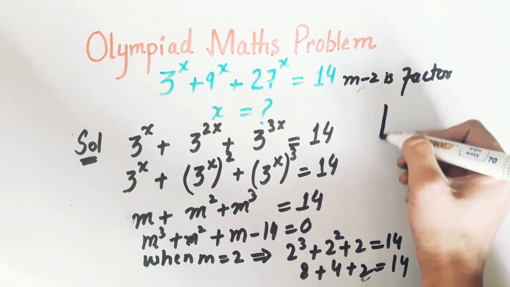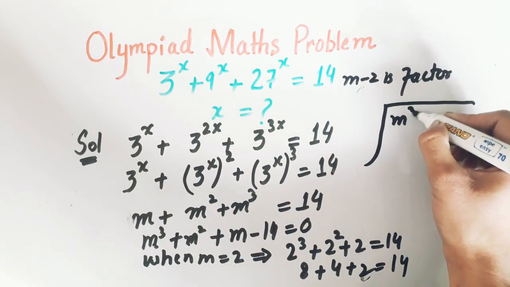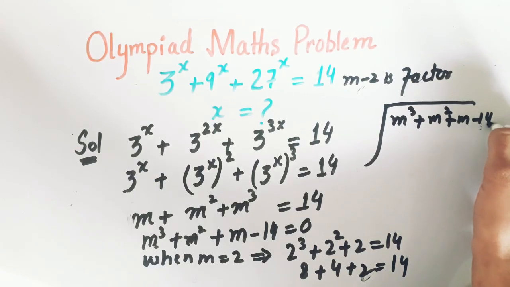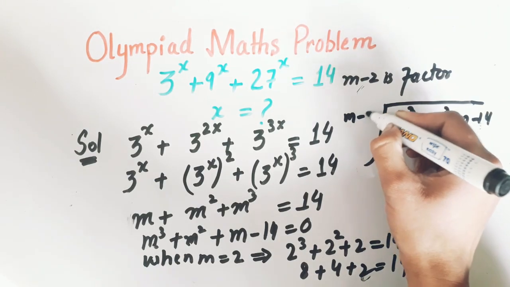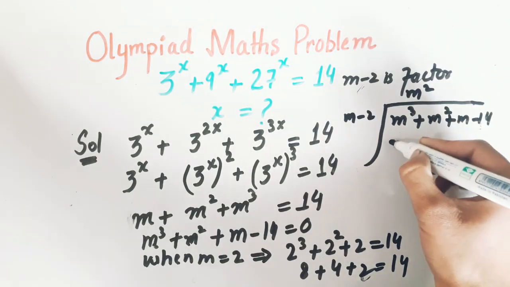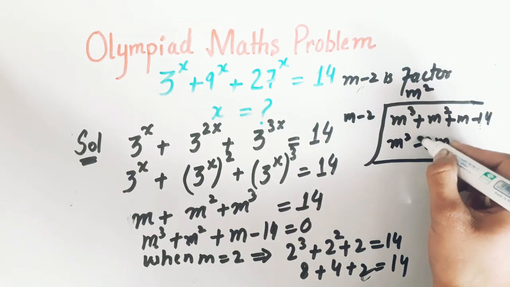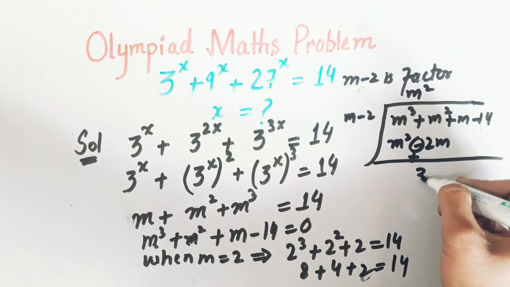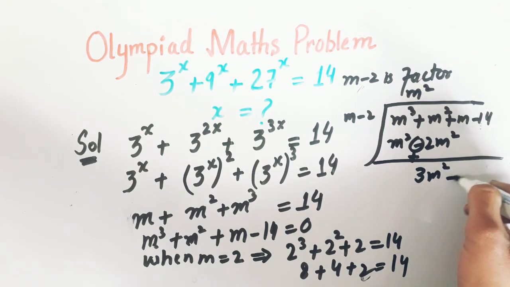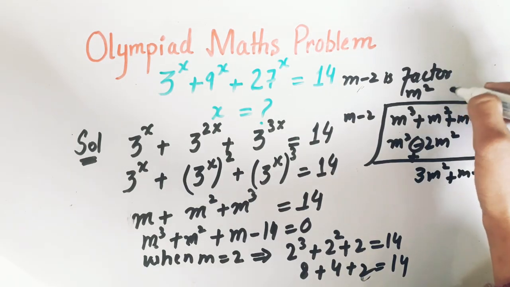If m minus 2 is a factor, we will divide this equation m cube plus m square plus m minus 14 by m minus 2. Then multiply by m square and minus 2m. Then signs are changed and we get 3m square plus m minus 14. Now we will multiply this by plus 3m.